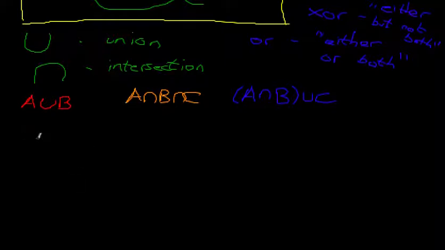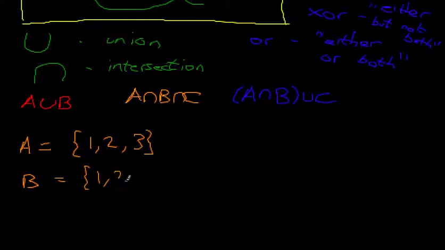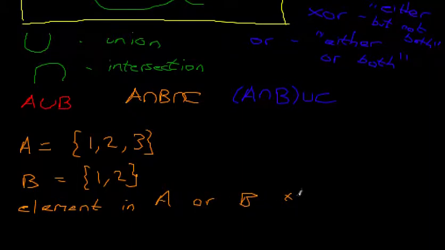So if I had the set A is 1, 2, 3, and B is the set, let's say 1 and 2, then if someone asked me for an element in A or B, then 1, 2, or 3 are all fine.